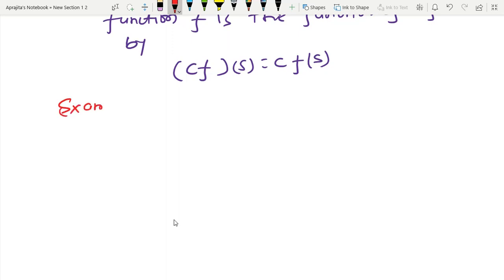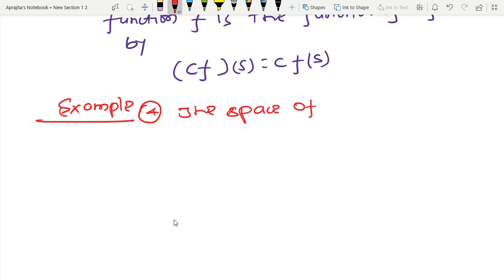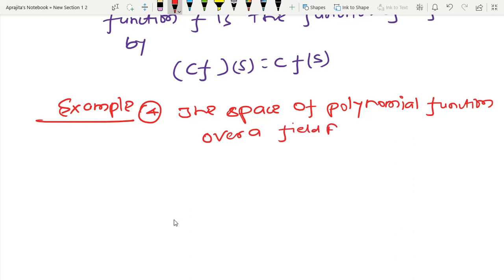So that is example 4: the space of polynomial function over a field F.